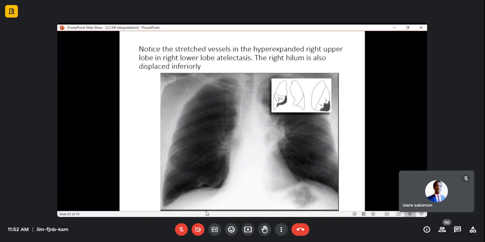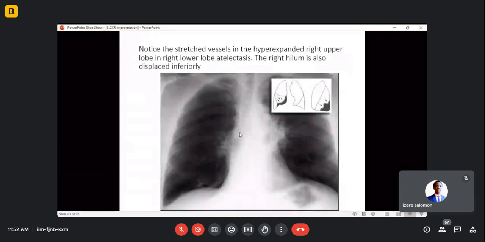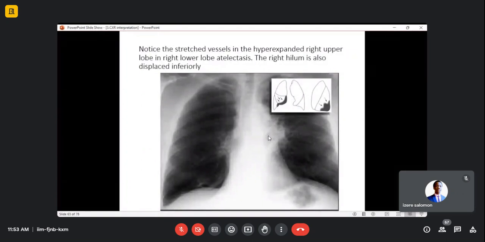This line looks like a continuation of the cardiac shadow. And again, this part is more opaque than normal. Why is this so opaque? And another thing, this difference in the level of the hilum is too much. It looks like the right hilum has gone down compared to this left hilum.